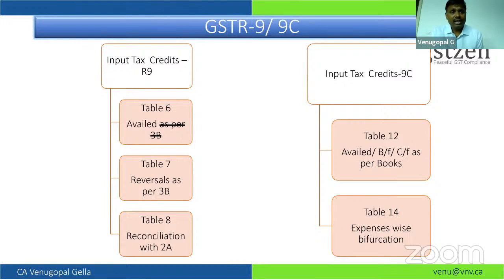You have table 12: if you have reversed any credit in the next year, you will report it in table 12. If you have availed any credit in the next year, you will report it in table 13, which is only an information table and has nothing to do with a reconciliation with the GSTR-3B or electronic credit ledger, while tables 6 and 7 correspond to values in 3B and electronic credit ledgers.